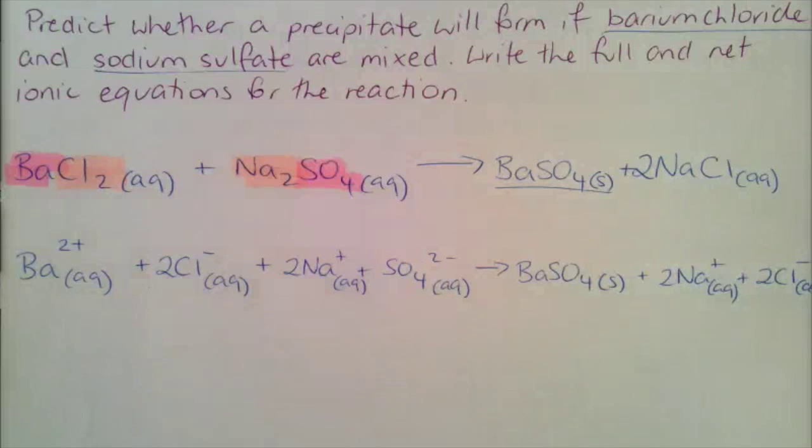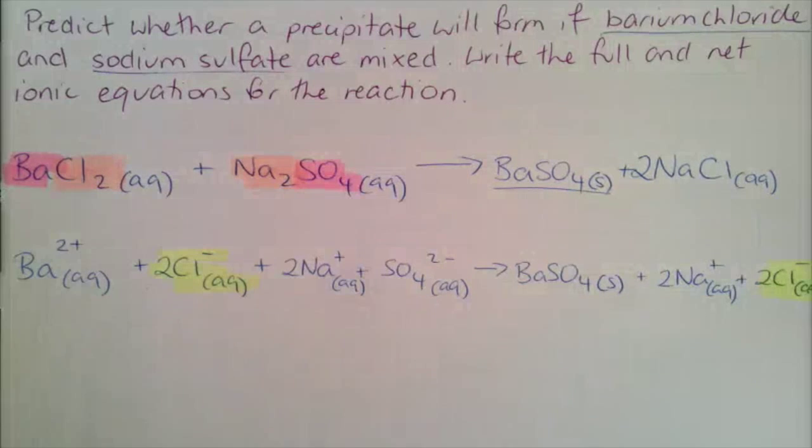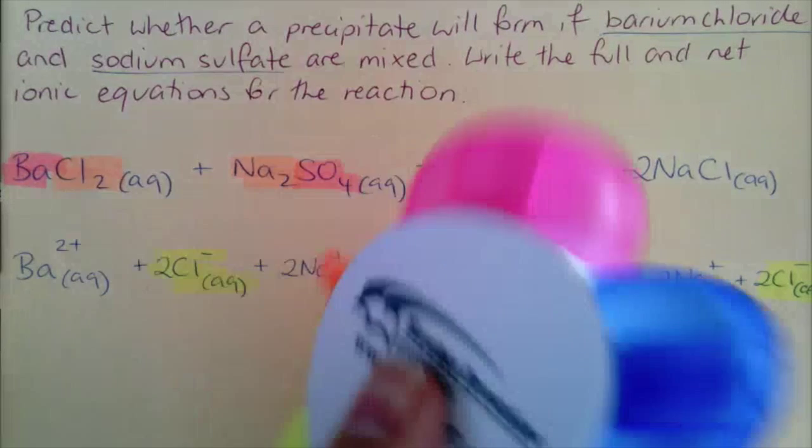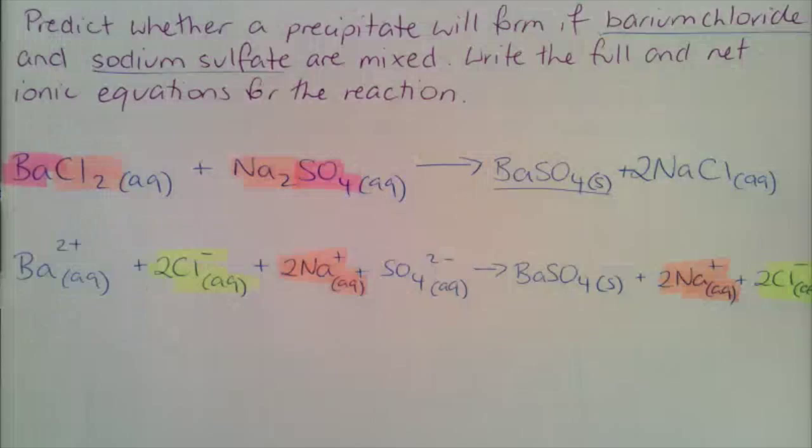Now, this is where we look for our spectator ions. So what actually don't go through any changes over here? So I can see I've got my chlorines. They have remained in aqueous solution. There's been no change there. And I can also see my sodiums are the same. No change, haven't changed state, have the same charge, all fine.